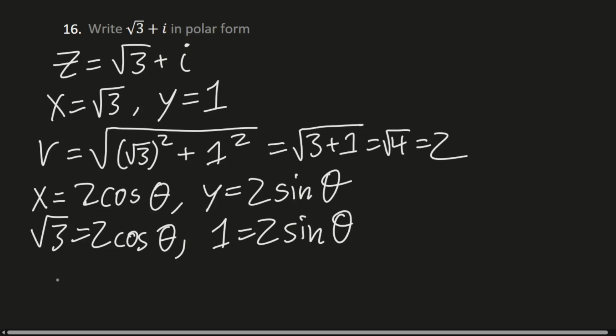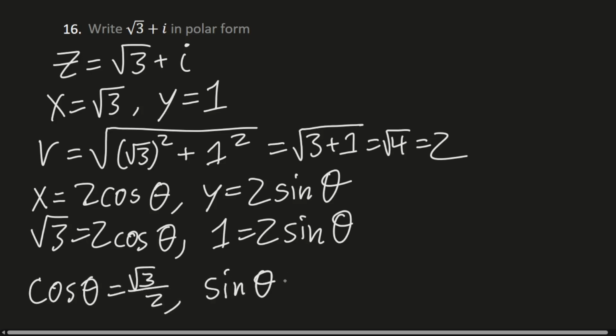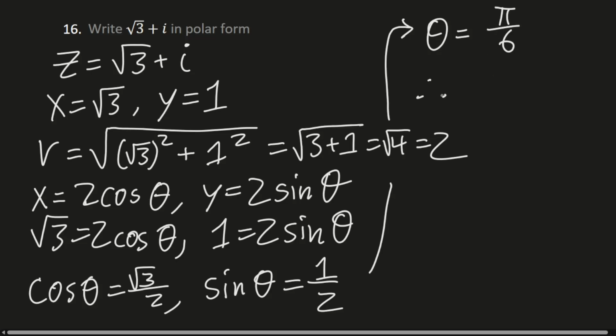So simplifying that, we get square root of 3 over 2 is equal to cosine of theta, and 1 over 2 is equal to sine of theta. So that would be that theta is equal to pi over 6. And z is equal to 2 times CIS pi over 6.